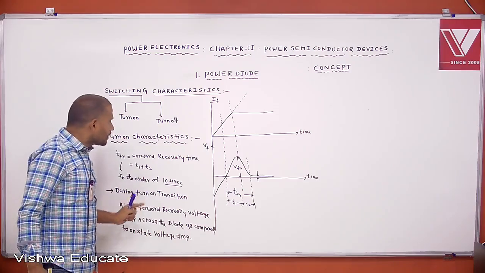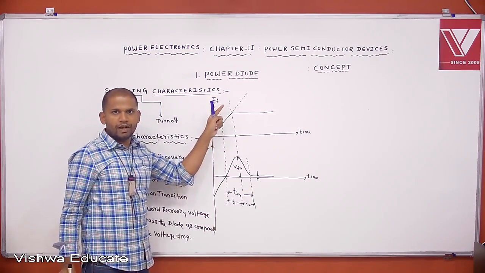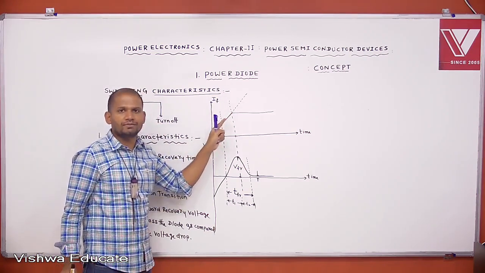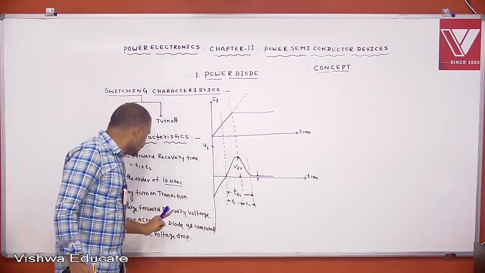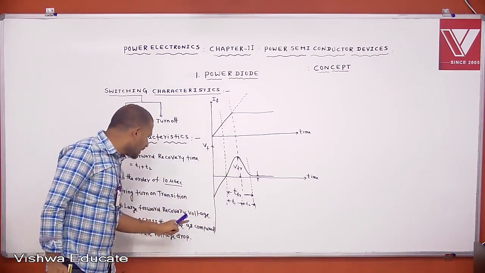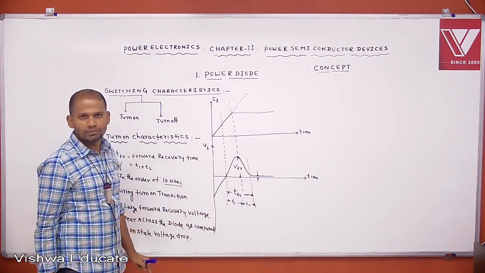That is because of the rate of change of current, a large recovery voltage will appear across the diode as compared to the on state voltage drop.